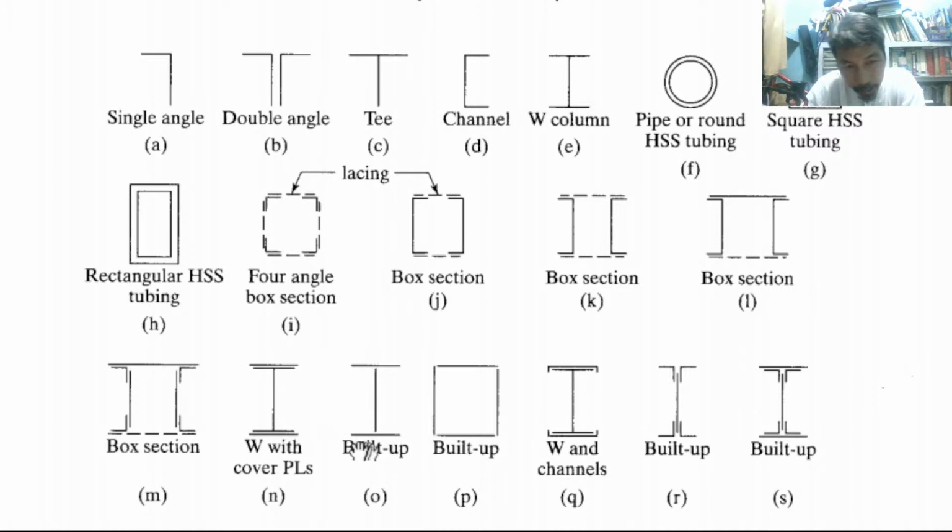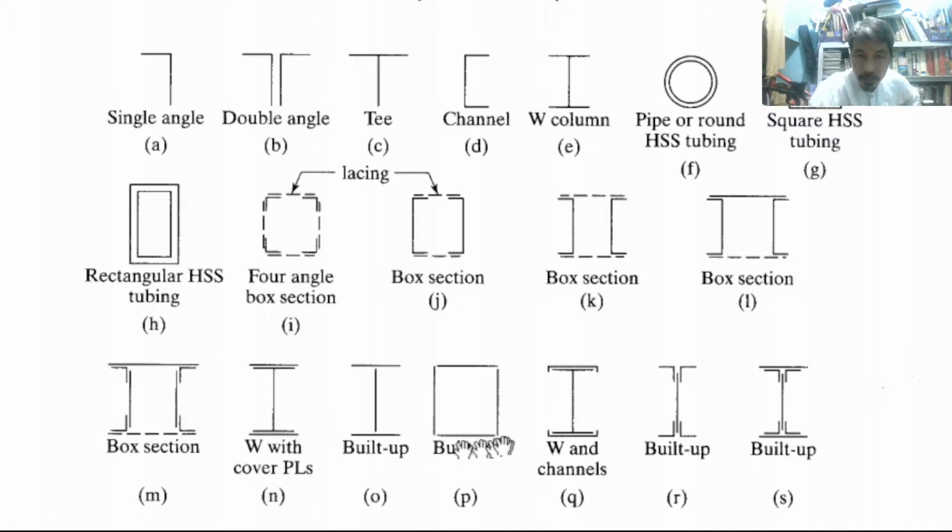Another W section, but this time built up out of 3 plates, 1, 2, and 3, welded together. You can use that as a compression member or as a column. Another built-up section, 4 plates, welded at the corners.